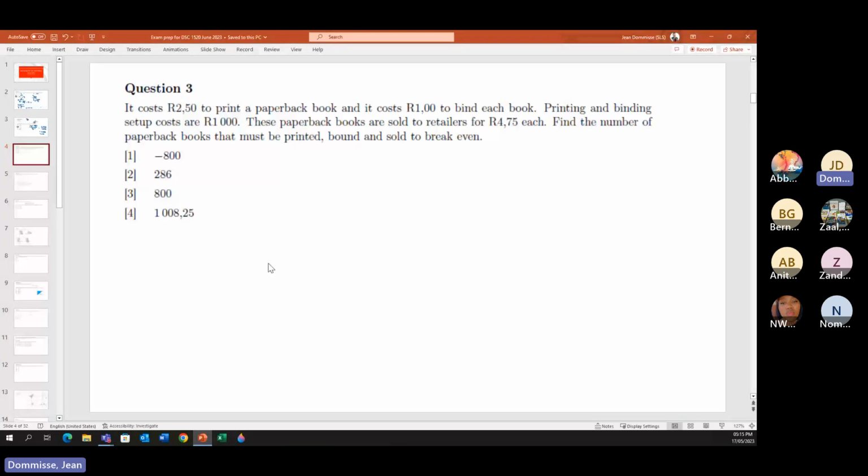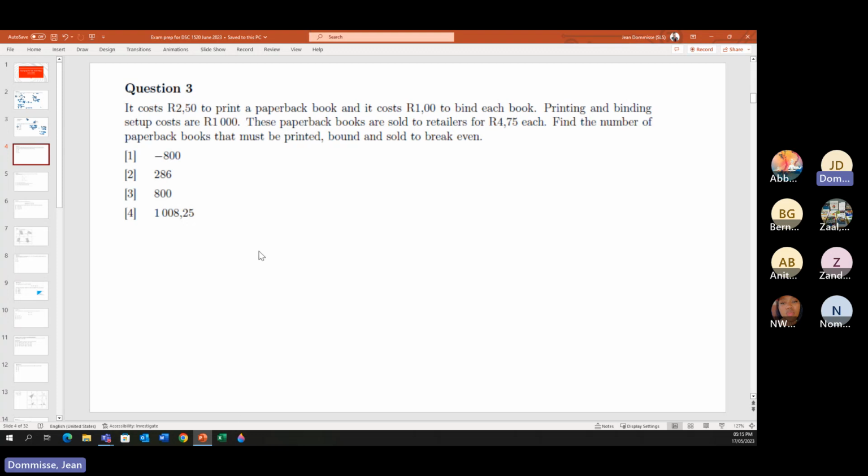It costs R2.50 to print a paperback book, and it costs R1 to bind each book. Okay, so then they tell us printing and binding setups are R1,000. These paperback books are sold to retailers for R4.75. Okay, this was ages ago. Find the number of paperback books that must be printed, bound, and sold to break even.